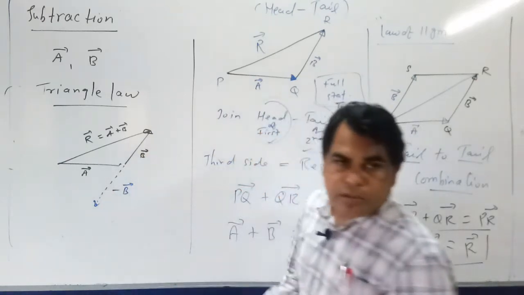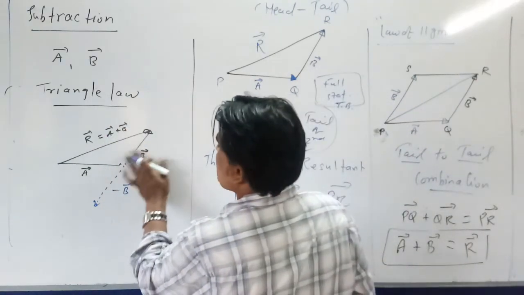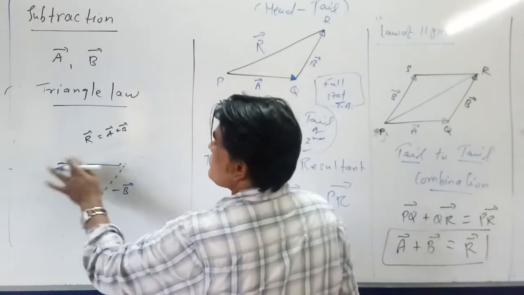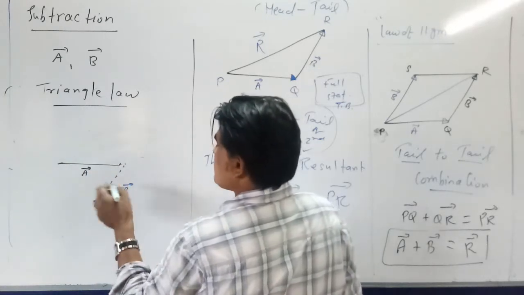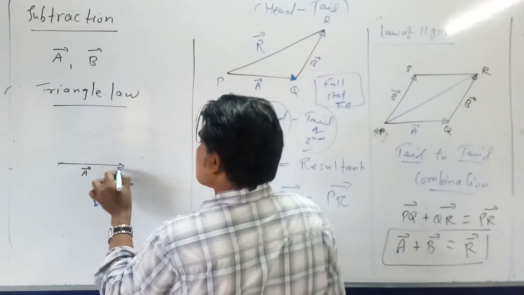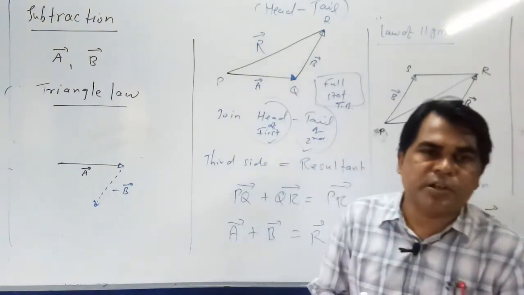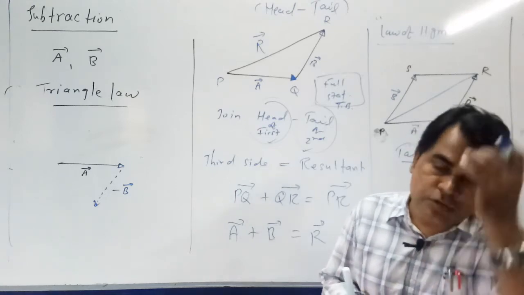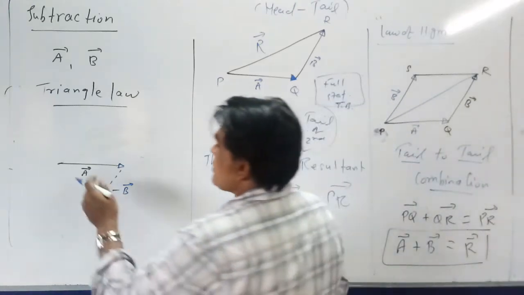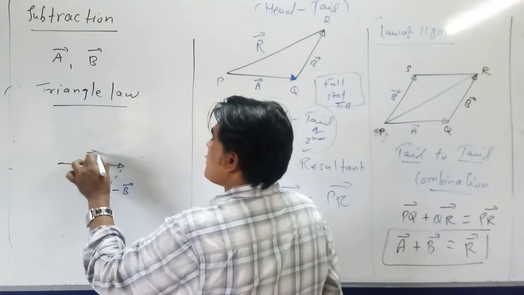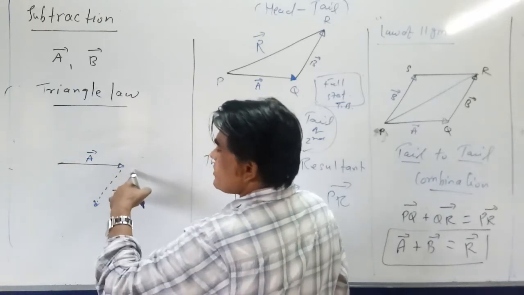ये B का opposite vector हो गया. अब इसको मिटा दो. अब आपको subtraction नहीं आता. You don't know the subtraction, but you know the addition. Yes, you know the addition. Then apply the addition. This is your vector A, one side of a triangle.